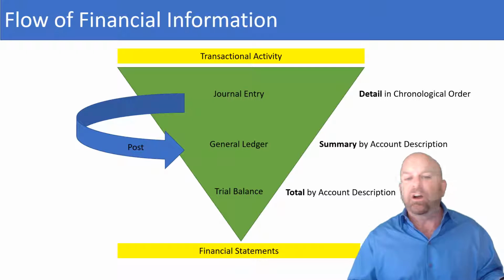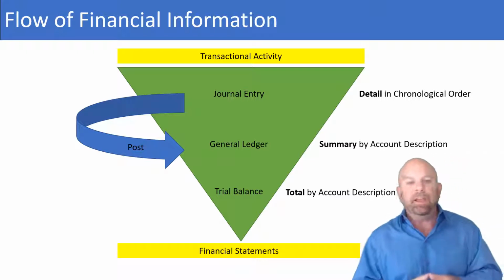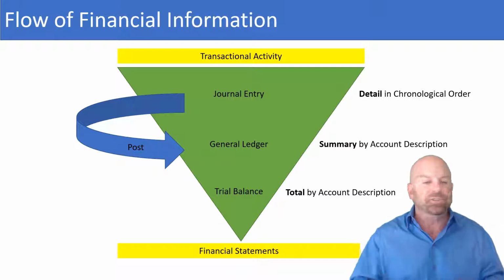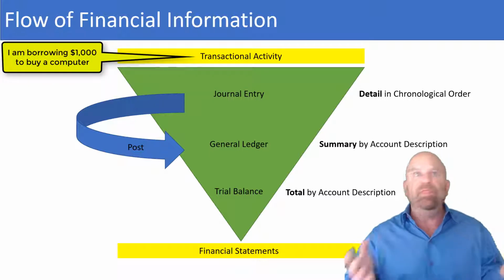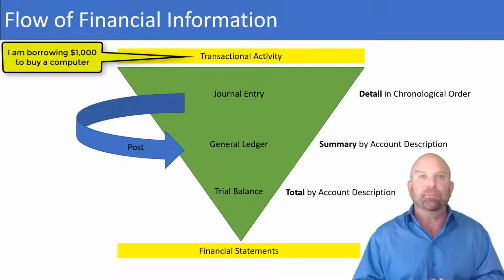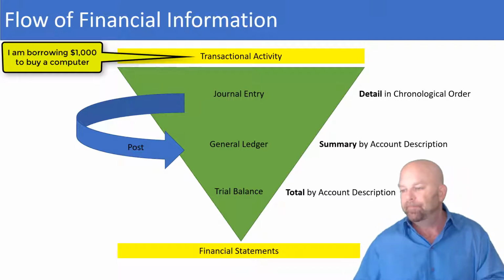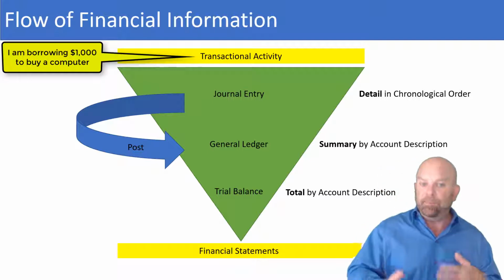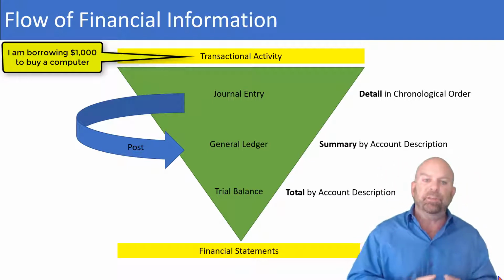So at the top of the hierarchy that you see over here is transactional activity. And transactional activity is the result of some financial decision. Like, I might decide to borrow $1,000 to purchase a computer that costs $1,000. A journal entry then makes sense of transactional activity so that it flows to the financial statements.